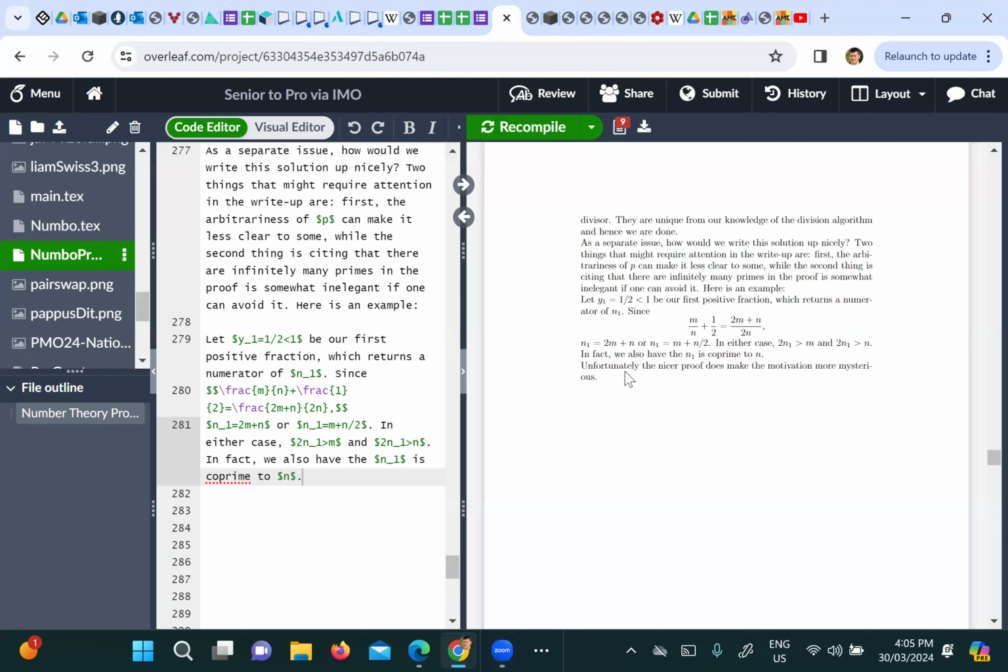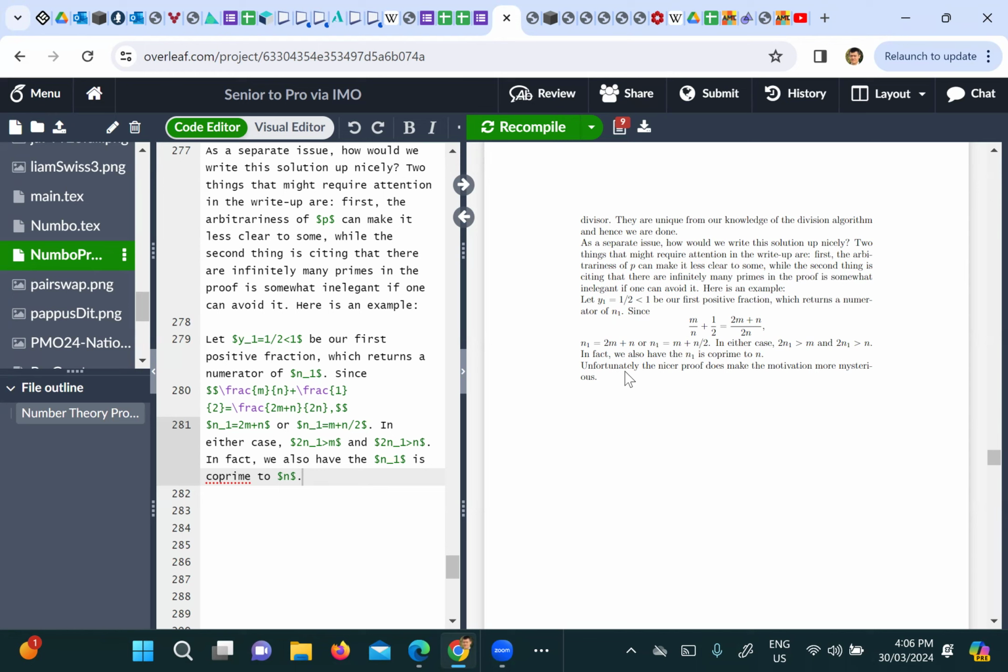So what can you do then? How can you make your q? You can't just do n1 plus 1, right?